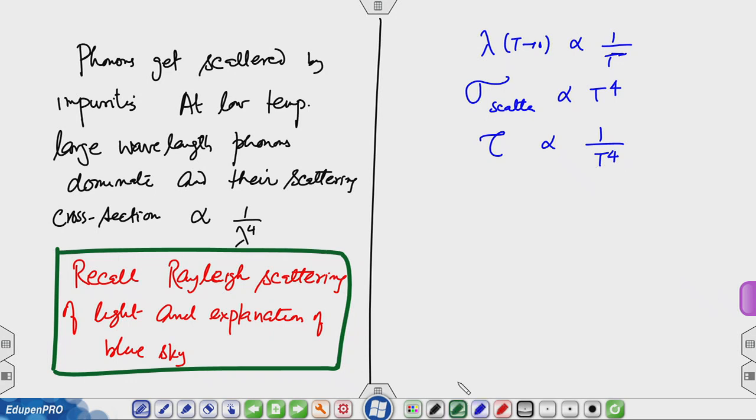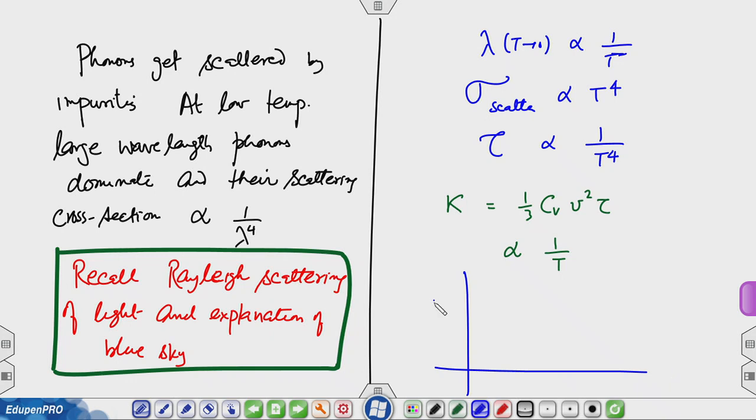And therefore, at such temperatures, the thermal conductivity, which is 1/3 C_V v squared tau, is going to be proportional to 1/T. So, if there are impurities in the system, even before Umklapp process sets in, this is going to go as T cube initially and then go down as T inverse.